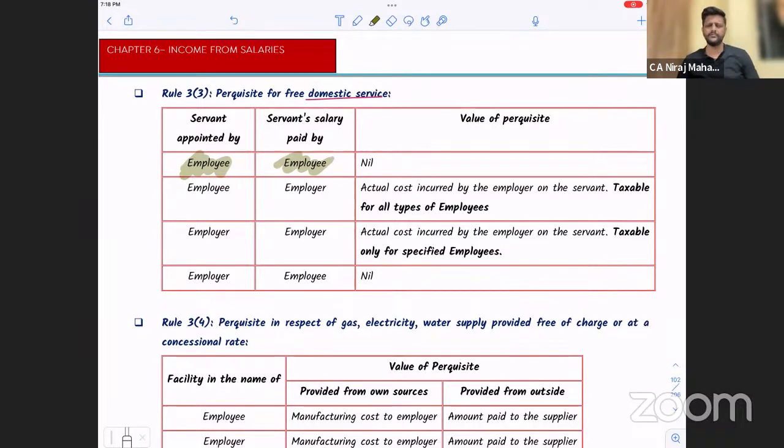No. If the expenditure is done by the employee, what is the benefit to the employee? Nothing. So if the employee ultimately has to pay the servant's salary, there is no benefit to the employee.